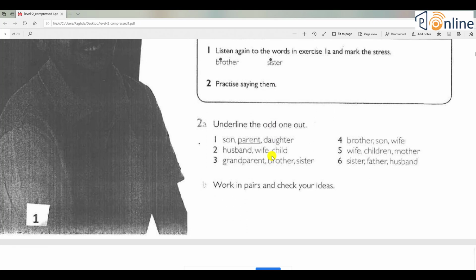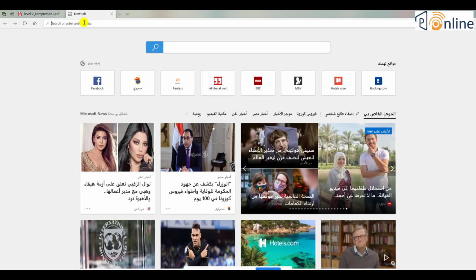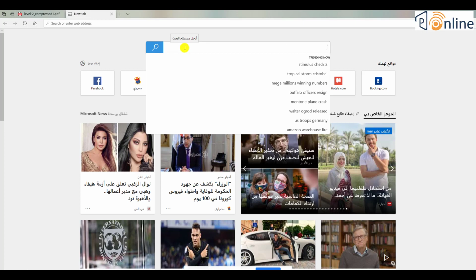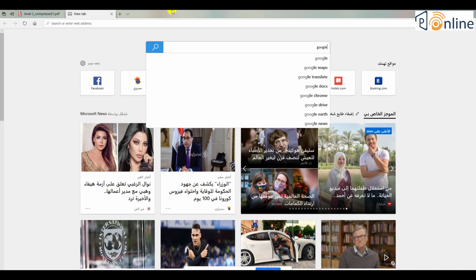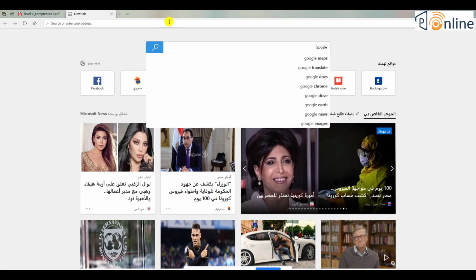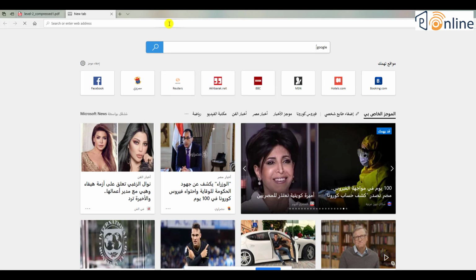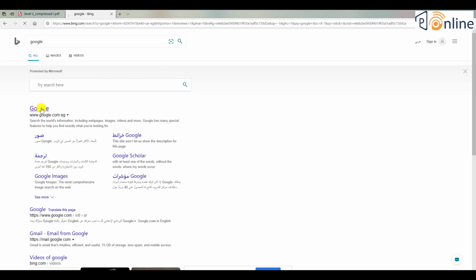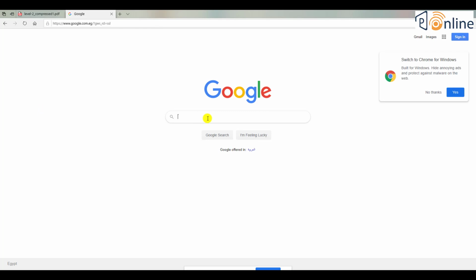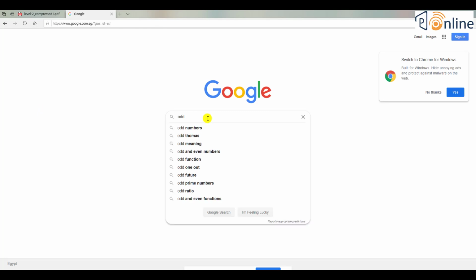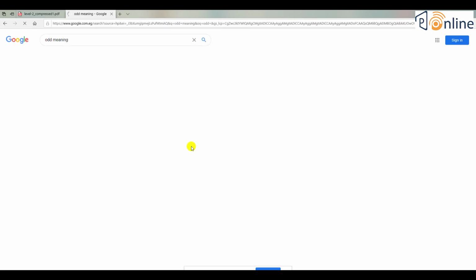Now, please look down at exercise 2A. It says, underline the odd one out. Now, does anyone know what odd means? Have you ever heard the word odd before?